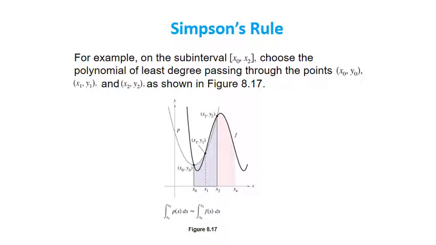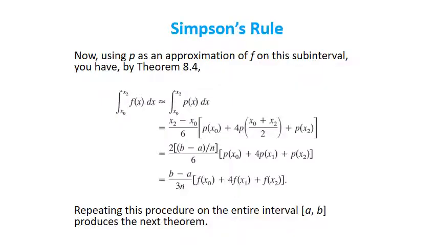When you are choosing things, it has to be an even number. Here it kind of illustrates the theorem that was shown previously, the 8.4 theorem. It shows you what happens when you integrate a polynomial.